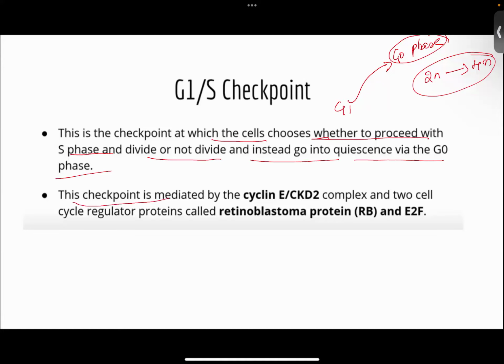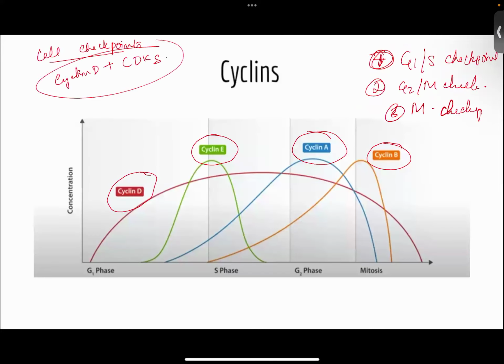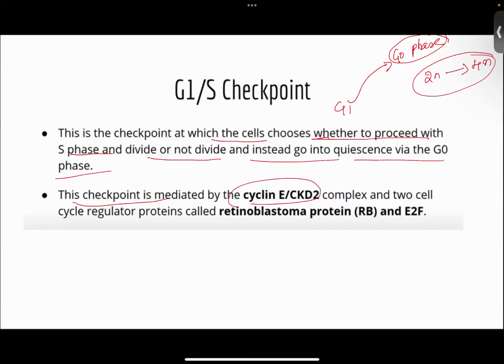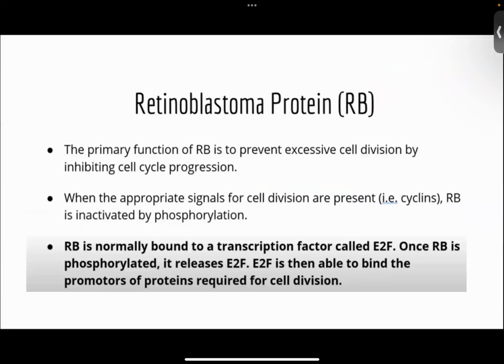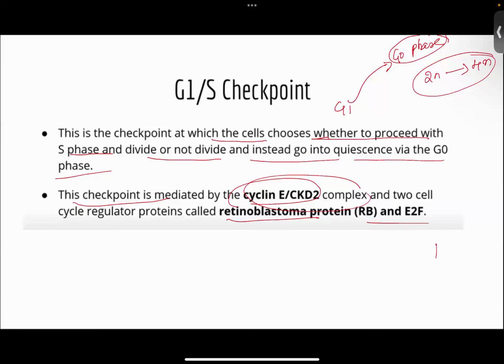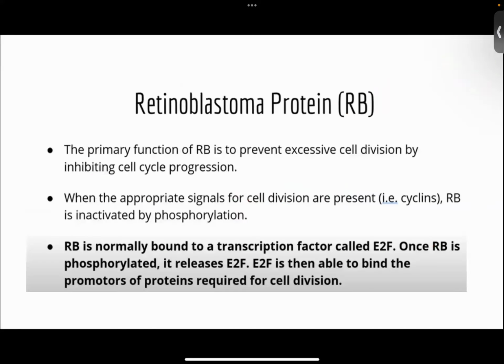This checkpoint is mediated by cyclin E, from G1 to S phase, specifically the cyclin E and cyclin dependent kinase 2 complex, along with two proteins called retinoblastoma and E2F. So it is checked by this complex as well as these regulatory proteins. Now let's see what this retinoblastoma protein is.